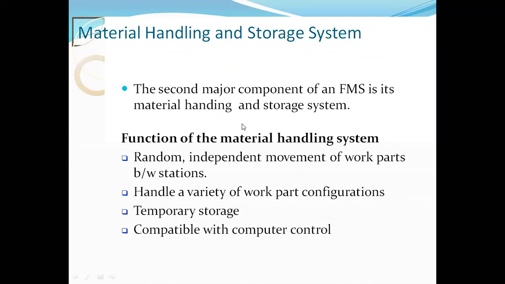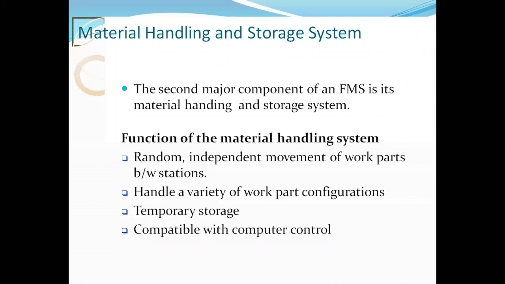The major thing, or the main function, will be taken care of by the material handling system. And the second function is to handle a variety of work part configurations. If the configuration of the work part is different, the size is different, the shape is different, all those varieties should be handled properly. And the material handling system may sometimes provide temporary storage also. That is also one of the functions.